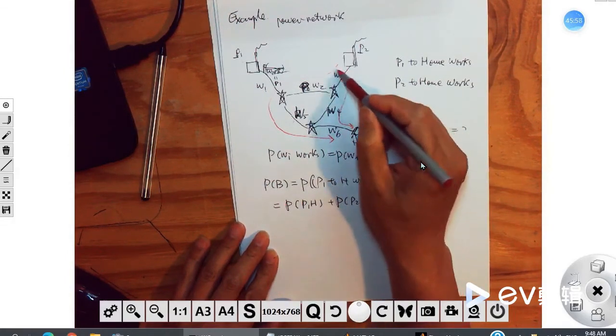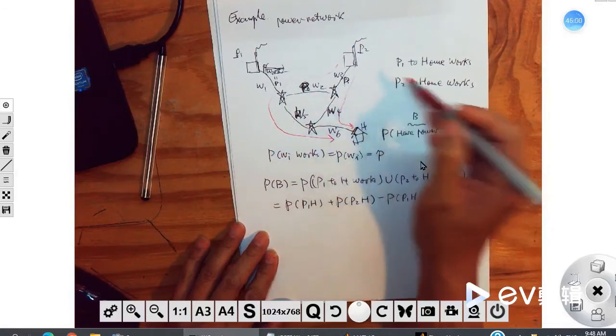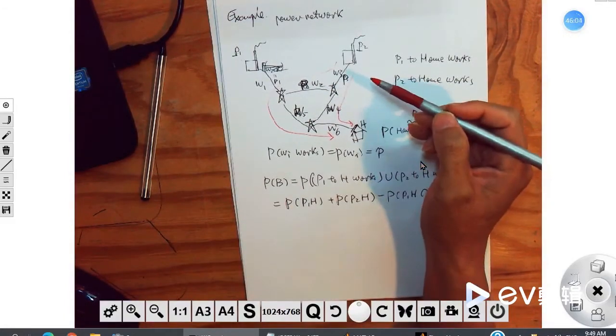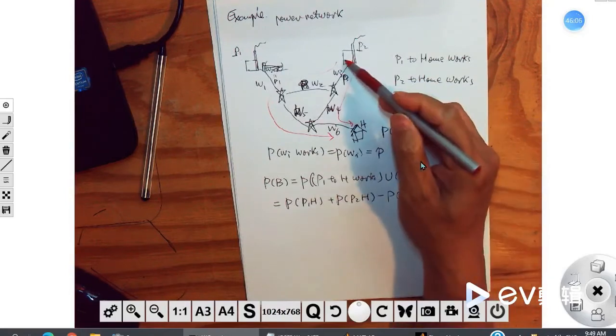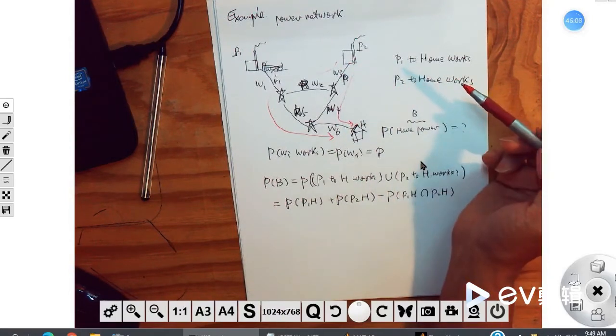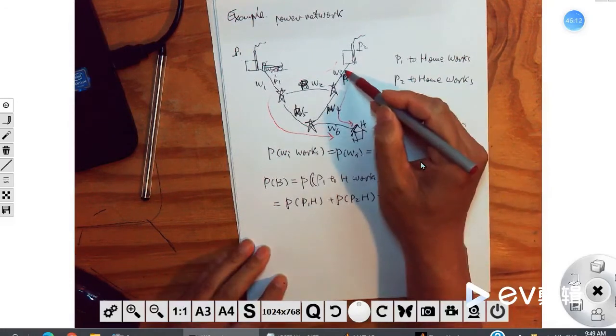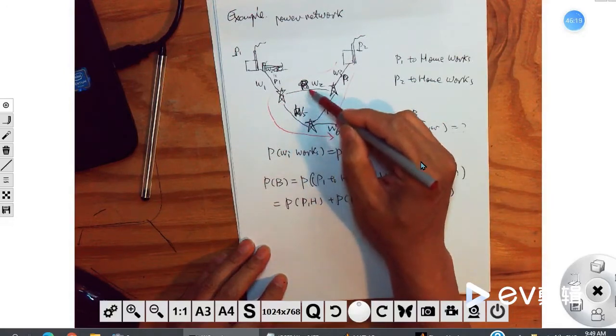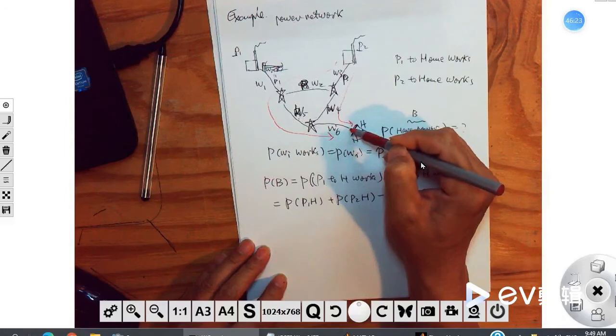Actually, the two, you combine these two together. So P1 works, P2 works. I can separate as three parts. This is one path, and here's a parallel connection with 2, and then another one, right?